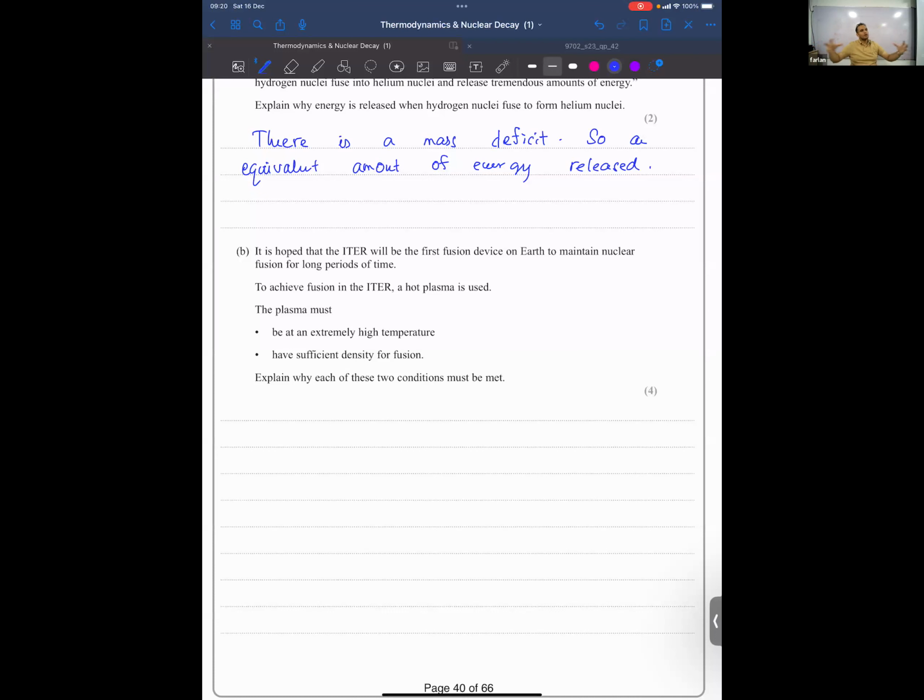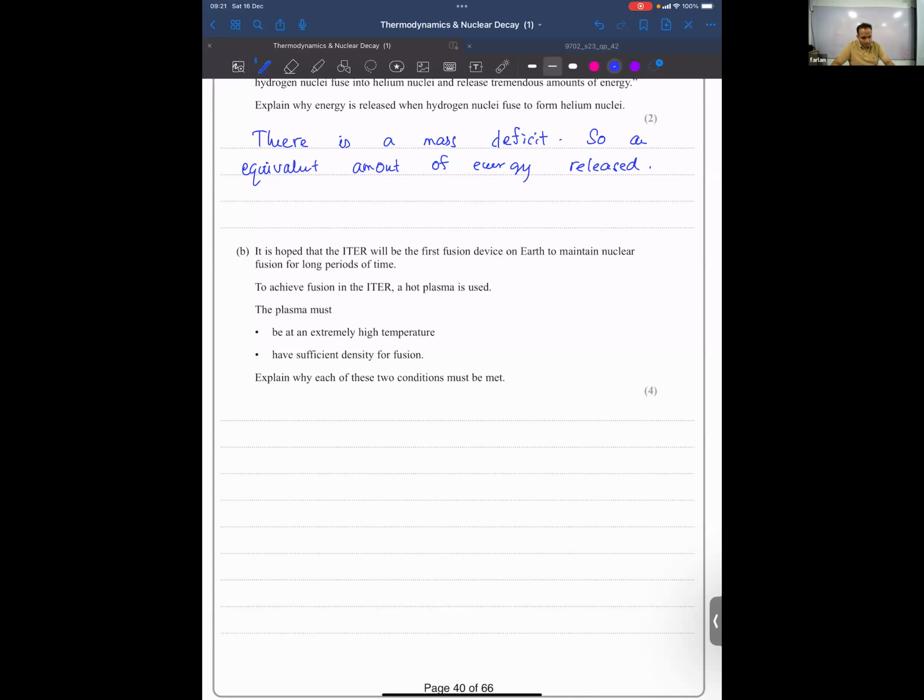So if you want to make them fuse together, you have to force them to come together. Correct? So to force them to come together, you have to supply a high kinetic energy and make them move together. To provide that high kinetic energy, what do you need? High temperature. Okay, that is one thing. So it has to be at very high temperature, that's fine.